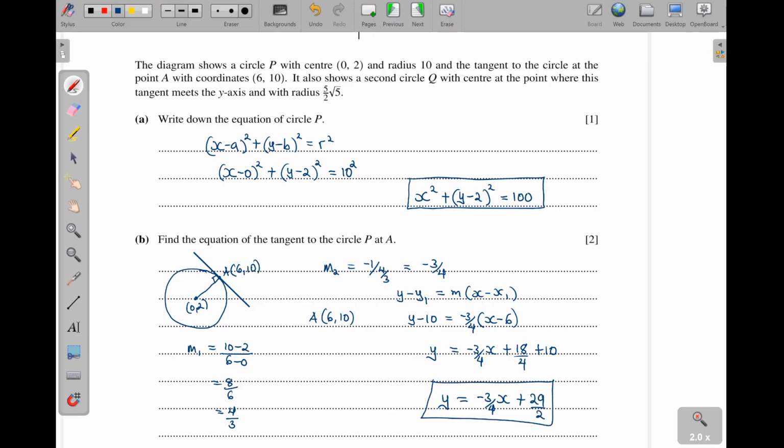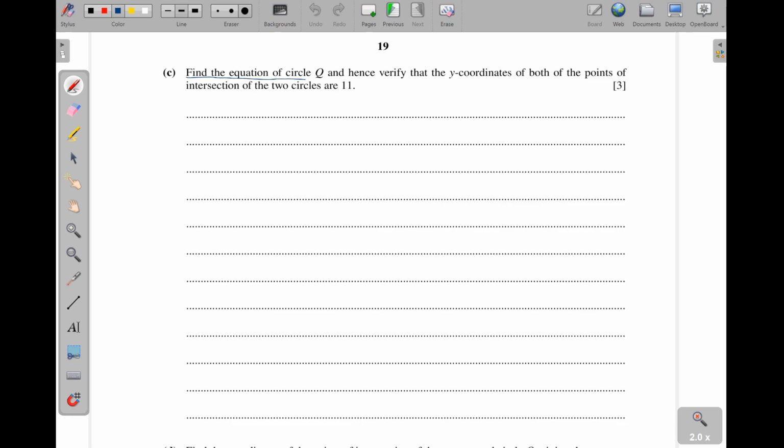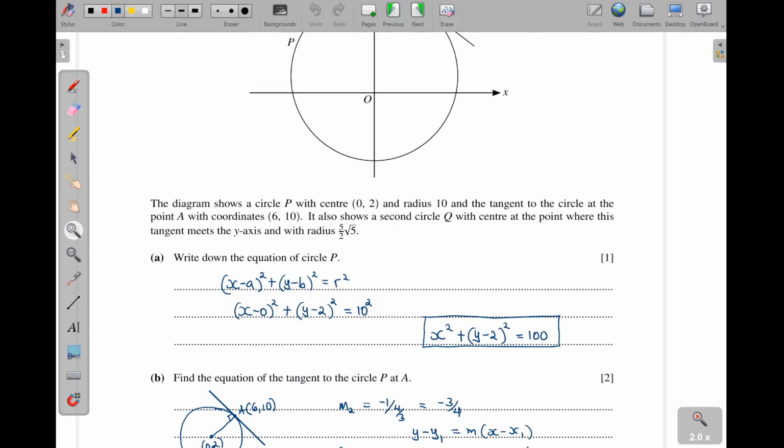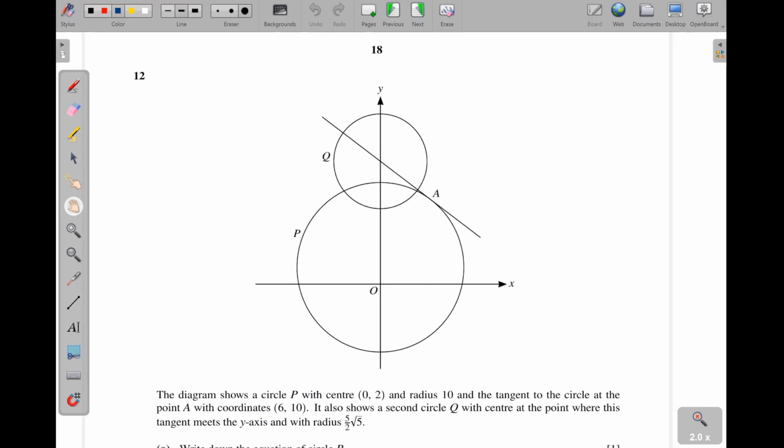That is that. Then part C, find the equation of the circle Q and hence verify that the y-coordinates of both of the points of intersection of the two circles are 11. By the way, when you check here, if I connect this point to this one, it is parallel to the x-axis. That means the y-coordinate here is the same as the y-coordinate here.